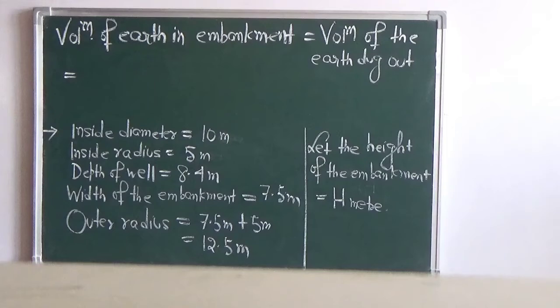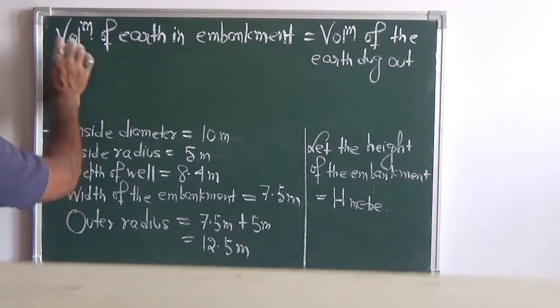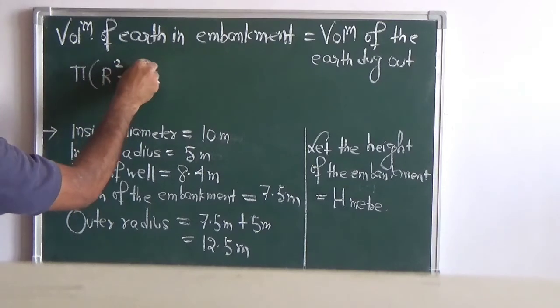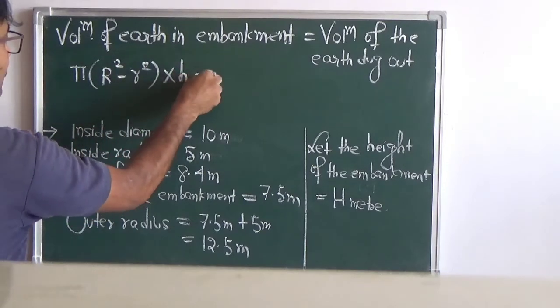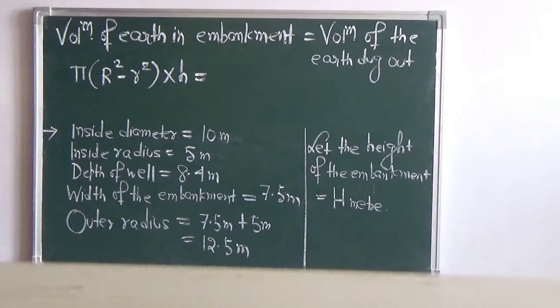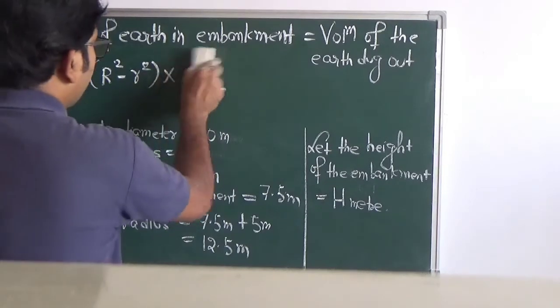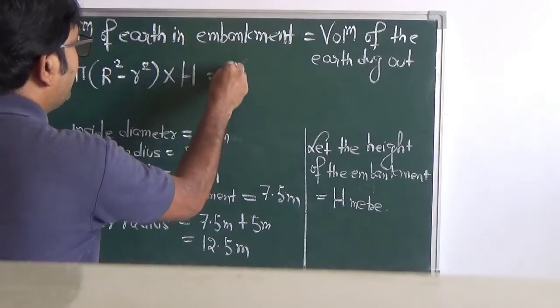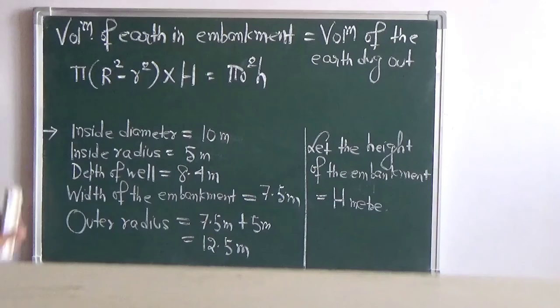What is the formula? Pi, R square minus r square into h is the volume of the earth in the embankment, and the volume of the earth dug out is pi r square h. Is it okay? Check it.